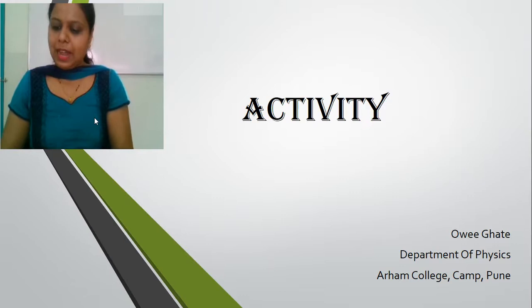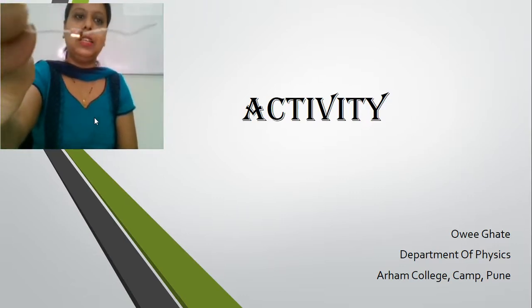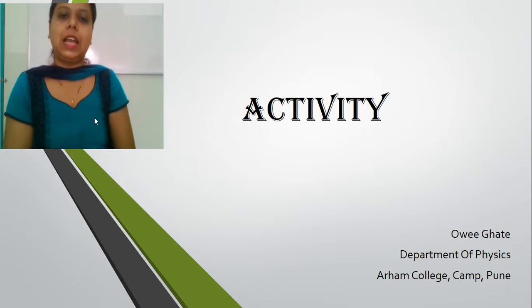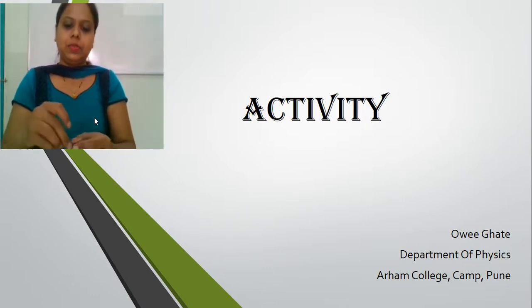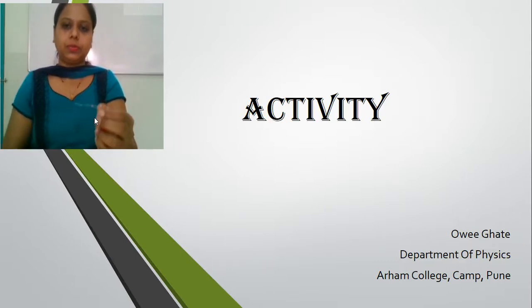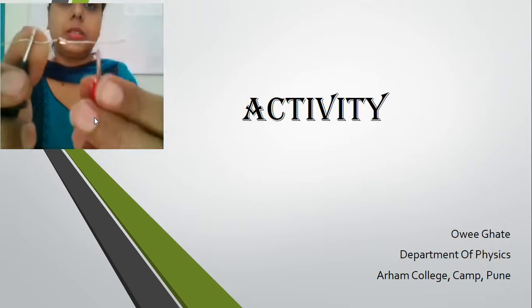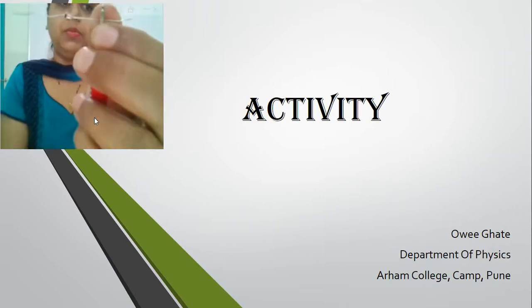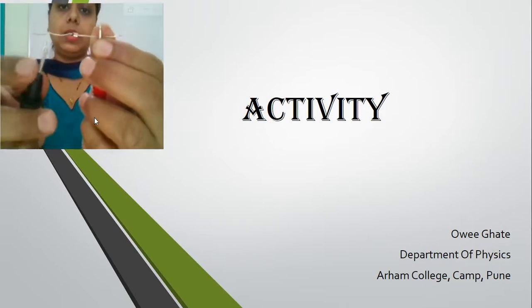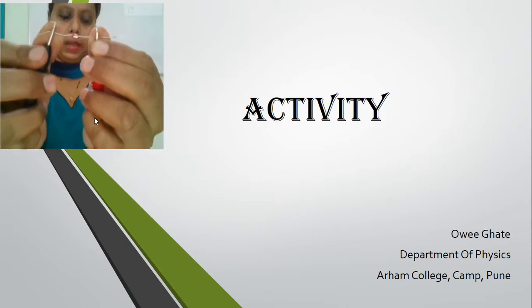After that we'll check this Zener diode, whether it is working or not. We know that a Zener diode works in reverse bias condition, so let's see how it will work. This is the positive terminal to red and the negative terminal to black.